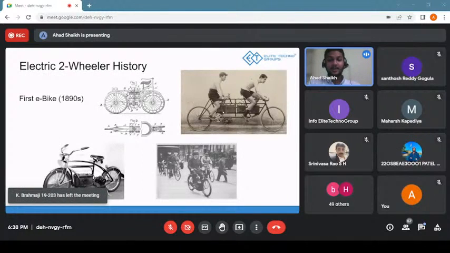People also started buying them because it was easy to travel instead of pedalling. You could just connect a battery and motor to your bicycle, and you need not run the pedals at all. So people started believing in this technology and adopted it. But since the revolution in IC engine technology happened, and fuels were available at less cost than batteries, and batteries were not that efficient at that time.